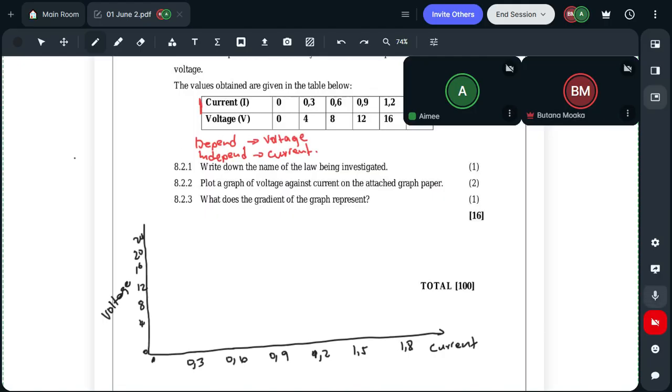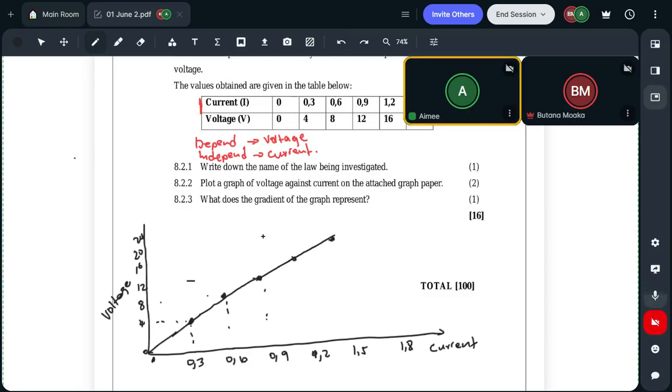So the 0.3 goes with 4. I need to connect these two. The 8 goes with the 0.6. The 12 goes with the 0.9. I'm just trying to plot something. I think you can understand what is going on, right? Yeah. Okay, so we can see that this gives us a straight line graph like that.